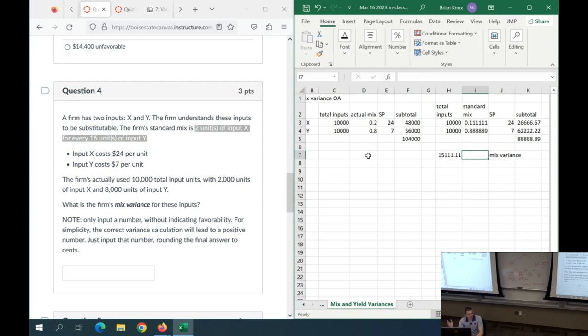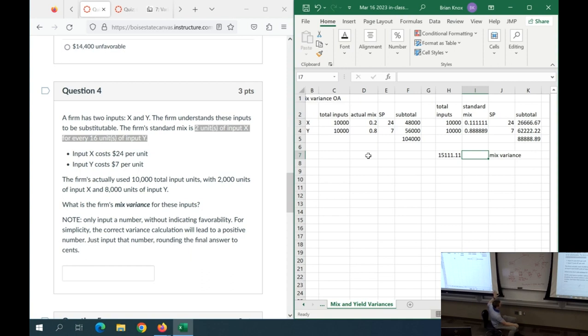Now, I've kept left and right the same. Every way I've tried to fit this into the mountain ranges has never worked, so I'm not going to try. But I have kept left and right the same logic. The right-hand side one is the more hypothetical because it's at the standard mix of 11% x and 88% or 89% y. And the left-hand side is at the actual mix.